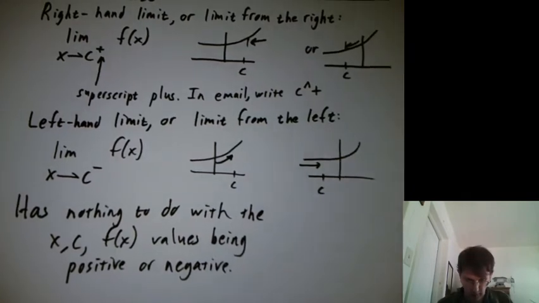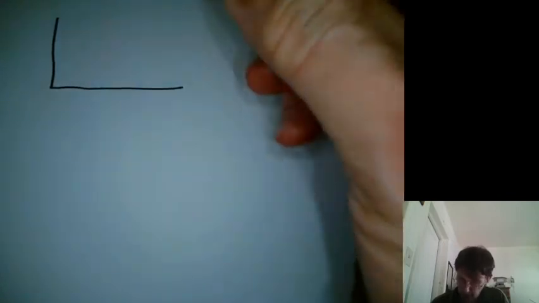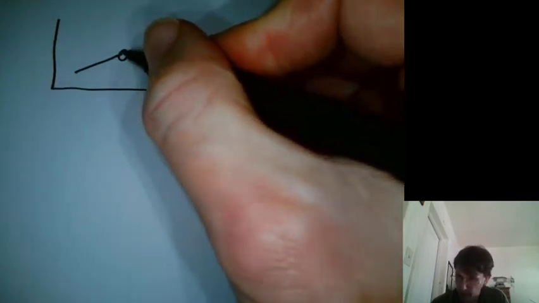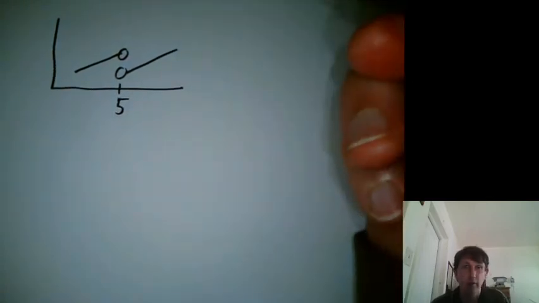So let's go try it out on a fairly straightforward problem. Ready? So let's say we have a function that goes like this. Here we are at 5, and we've got 6, 8, and then a solid dot up here at 9.